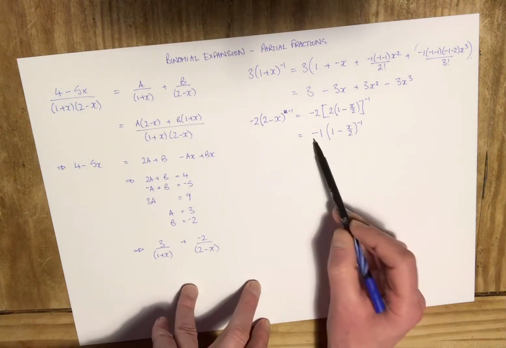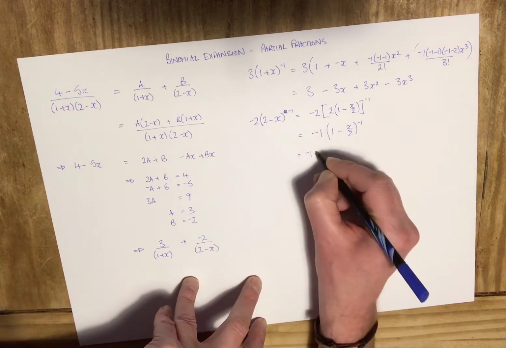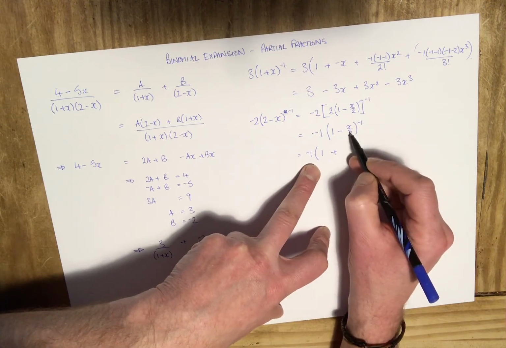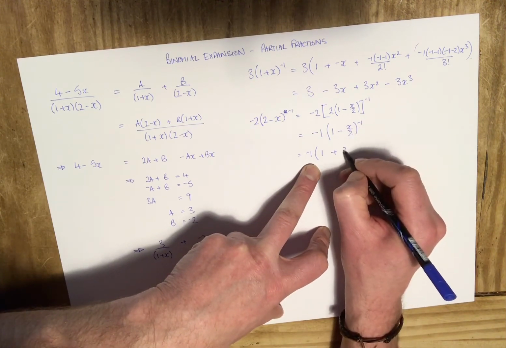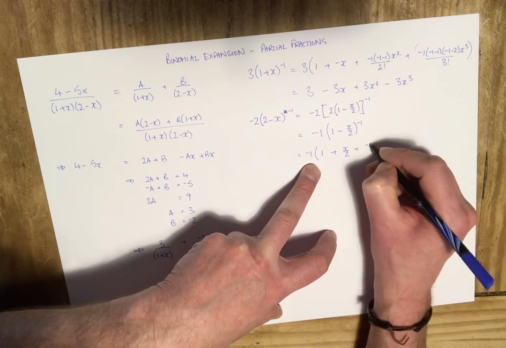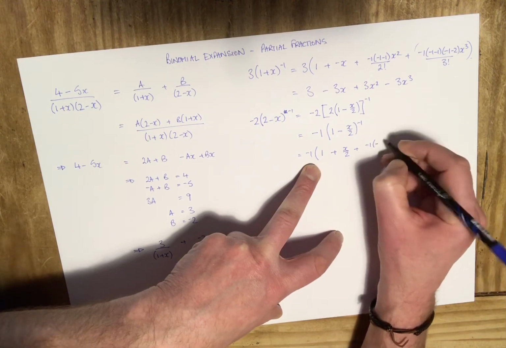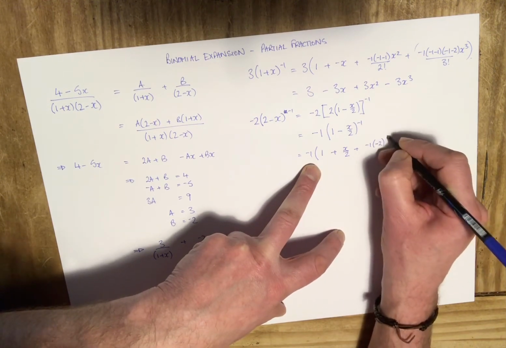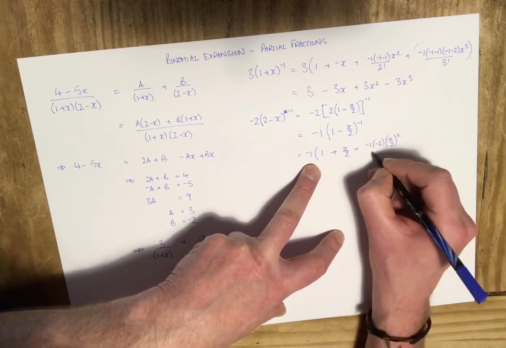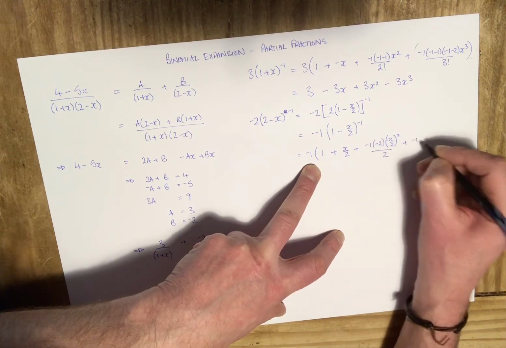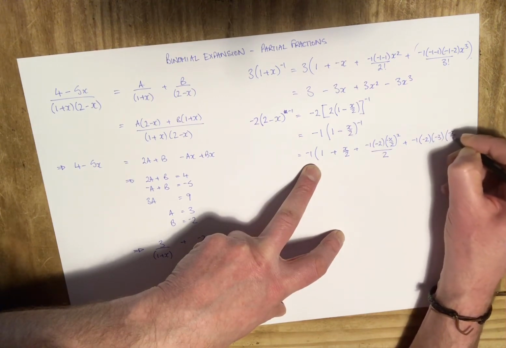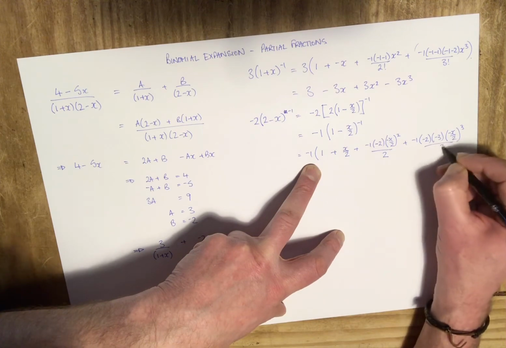So find the expansion of this, multiply it all by minus 1. So we've got minus 1 times 1 plus n times x, both negative, so it's a plus x over 2, plus minus 1 times minus 1 take 1, which is minus 2, x over 2 squared, and it's a minus over 2, and the next one is minus 1 times minus 2 times minus 3, minus x over 2 cubed over 3 factorial.